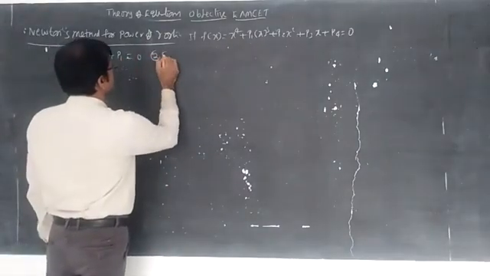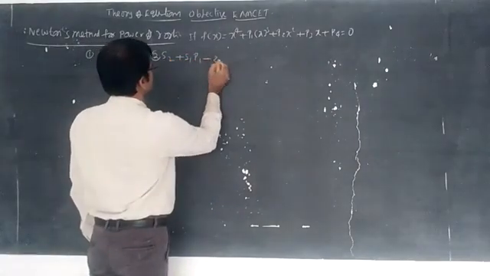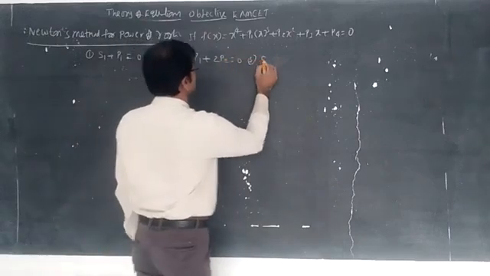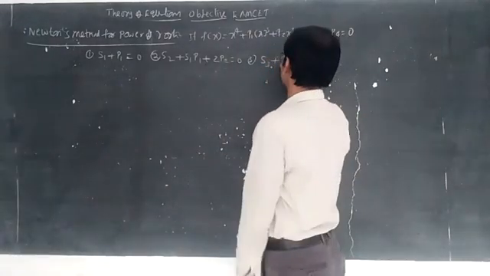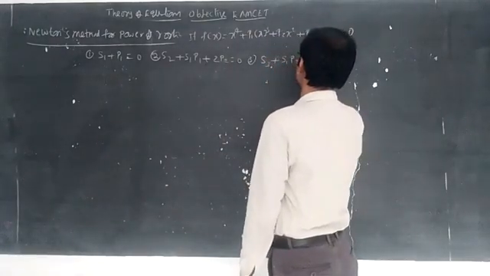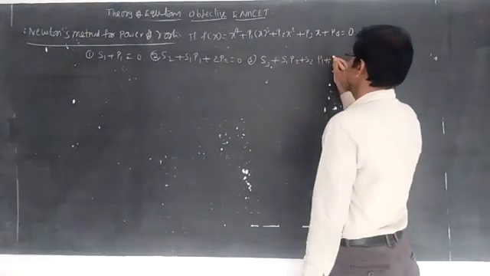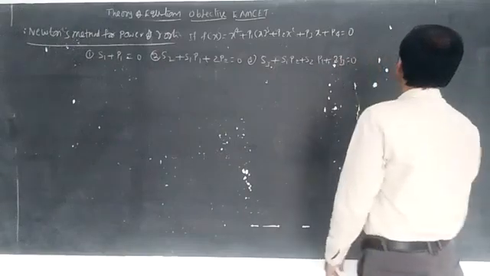Second one, s2 plus s1 p1 plus 2p2 equal to 0. Third one, s3 plus s1 p2 plus s2 p1 plus 3p3 equal to 0.